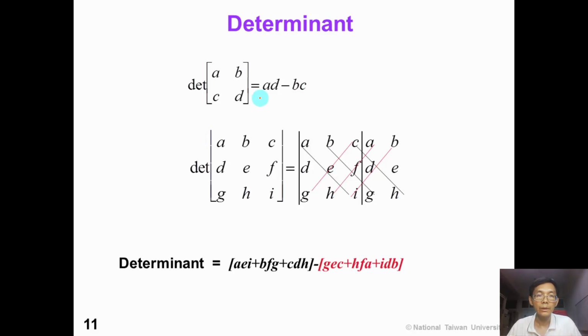If you remember, in linear algebra, the determinant of a 2 by 2 matrix is defined as AD minus BC. For a 3 by 3 matrix, it's a little bit more complicated. The determinant can be obtained by AEI, which is the diagonal line, plus BFG.